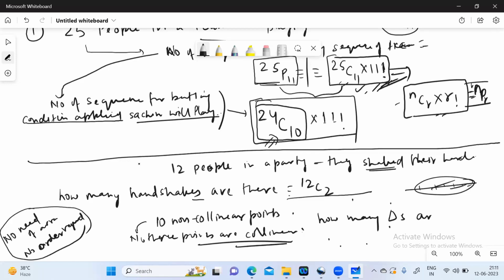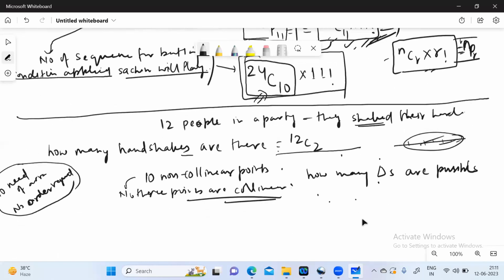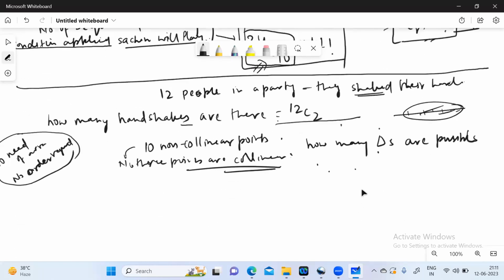So in this case, how many distinct triangles are possible? Here you just need to identify a group of 3 points and it will be a triangle. You don't have to arrange it. Is it okay?